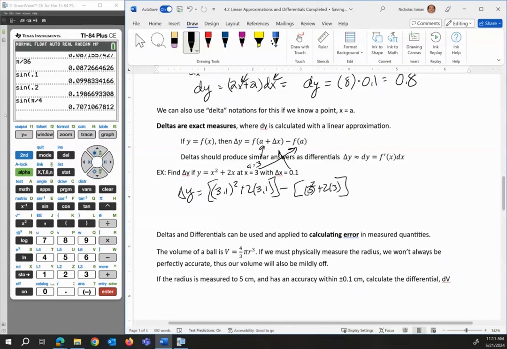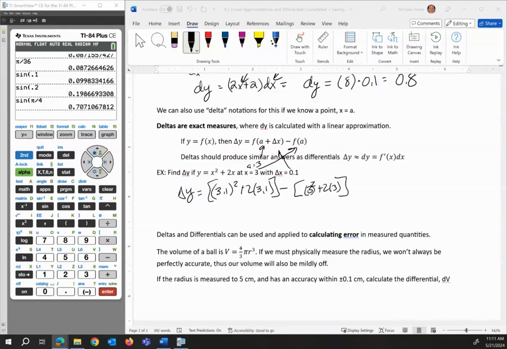If we plug in 3.1, we're at 3 and we move 0.1 away, and then we plug in just 3. How far measured apart are they? Deltas are exact. They're not approximations. Differentials are approximations. Deltas are exact.